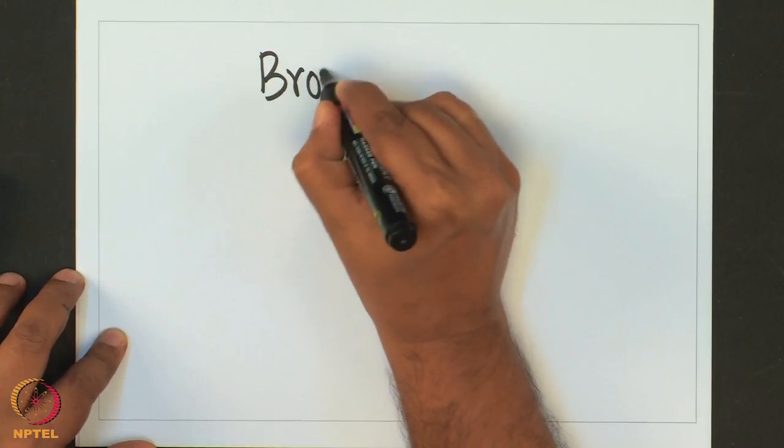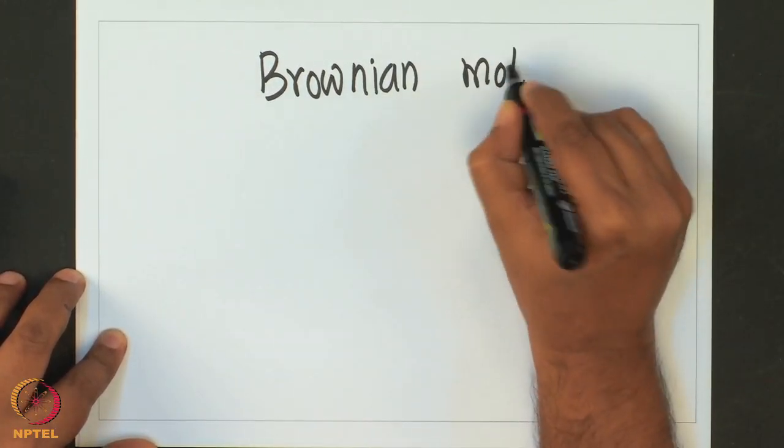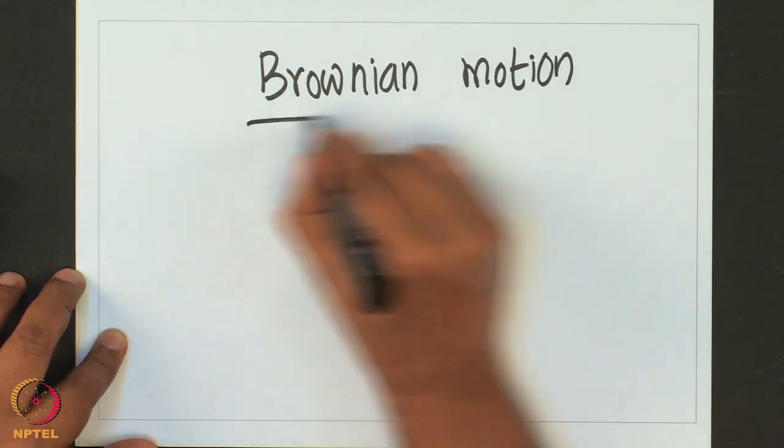So, let us first look at how randomness appears at the molecular level. Many of you might have heard the name Brownian motion. So, let me talk about the Brownian motion. What is Brownian motion?